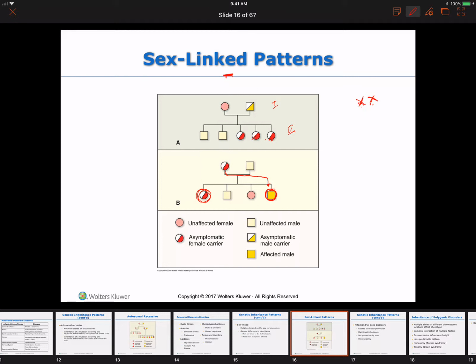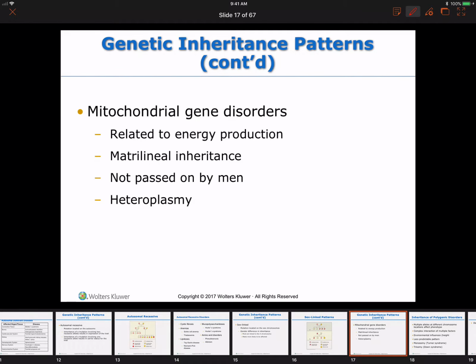The last of these disorders is the mitochondrial gene disorder. These are usually related to energy production, which is what the mitochondria do, and these diseases are only maternal, so they only come from the mom. Why? Because remember, our mitochondria are derived from our moms.